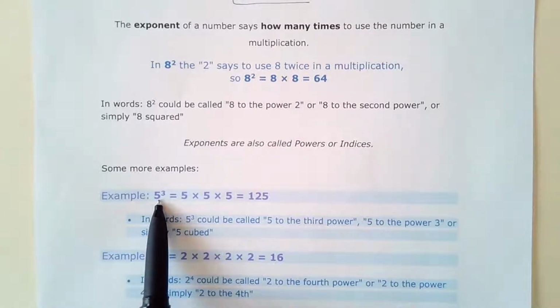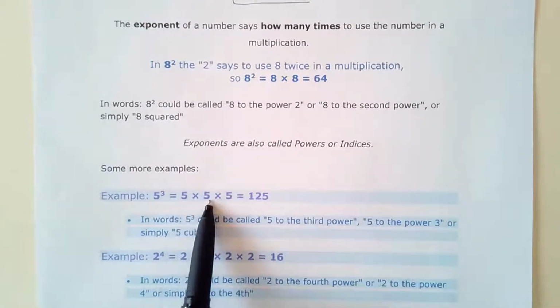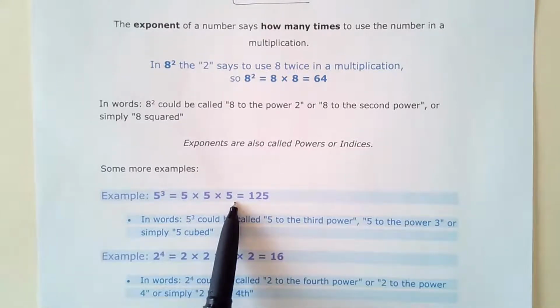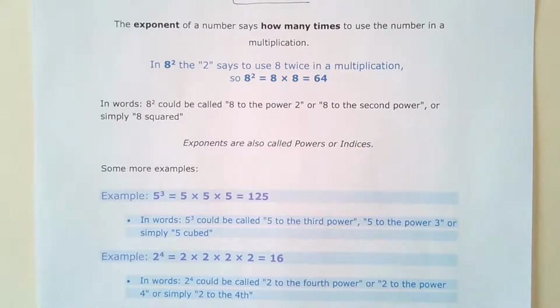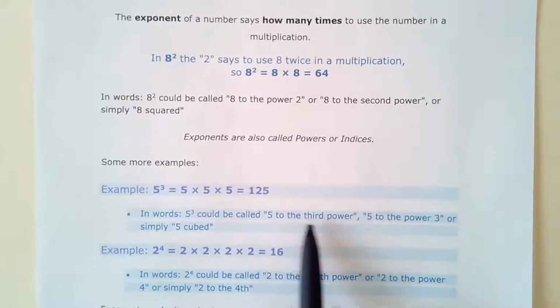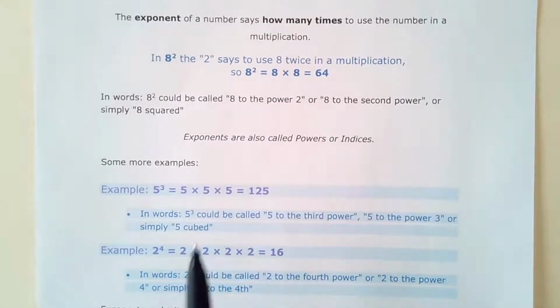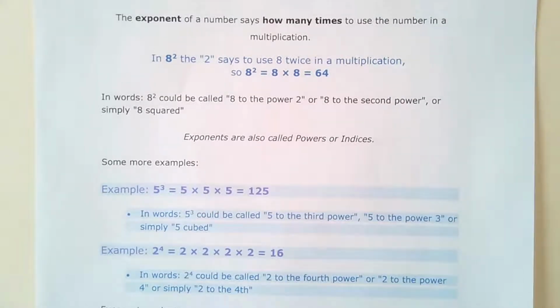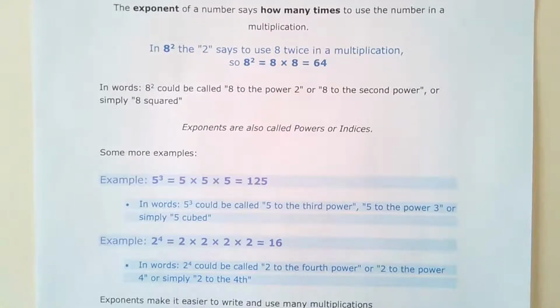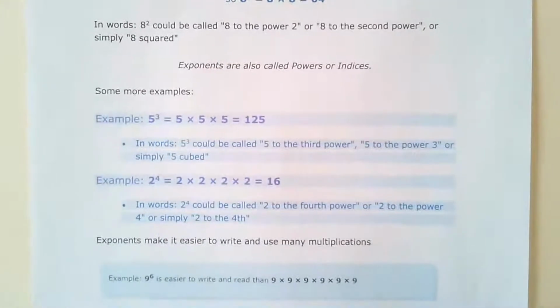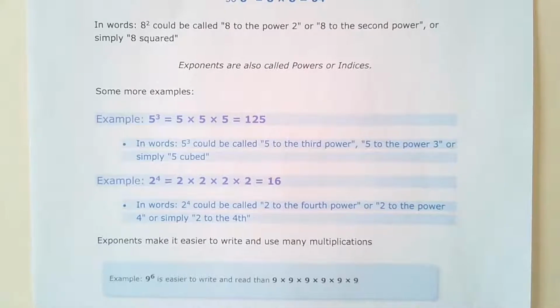Example, 5 to the power 3 is 5 times 5 times 5 equals 125. Sometimes called 5 to the third power or 5 cubed, either way is also correct. 2 to the power 4, sometimes people say 2 to the fourth power. 9 to the power 6.